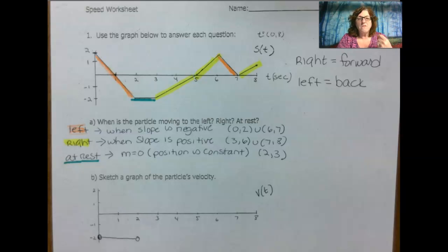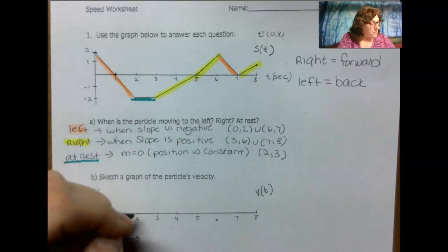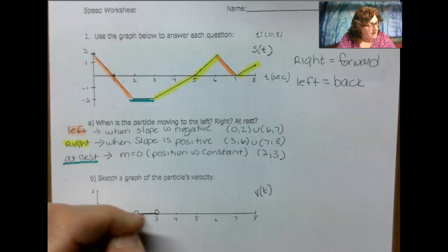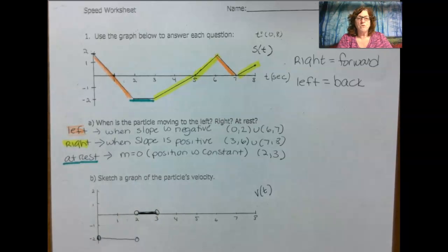So it's a series of horizontal lines that you are going to be drawing based upon this position graph. So taking a look at the interval from 2 to 3, what is the slope value from 2 to 3? I hope you said 0. So again, open intervals, and then again it's right here from 2 to 3. Now going from 3 to 5, what is the slope? Because it's different from 5 to 6.